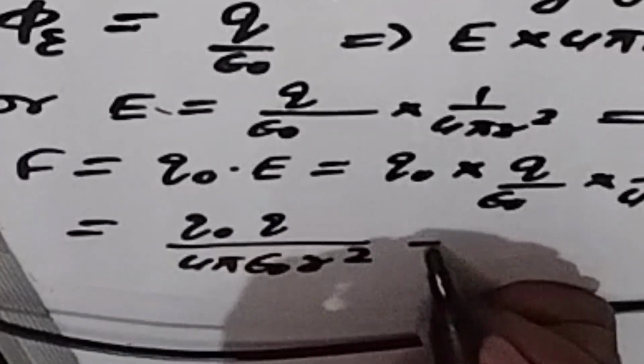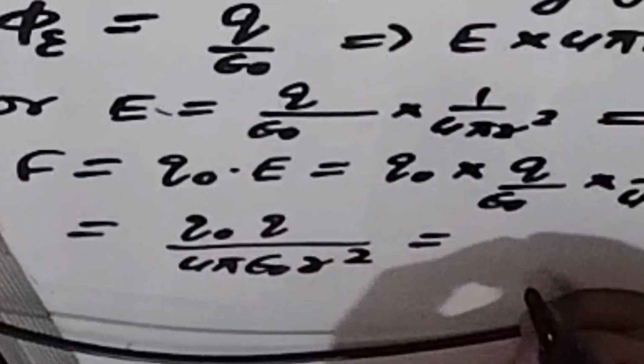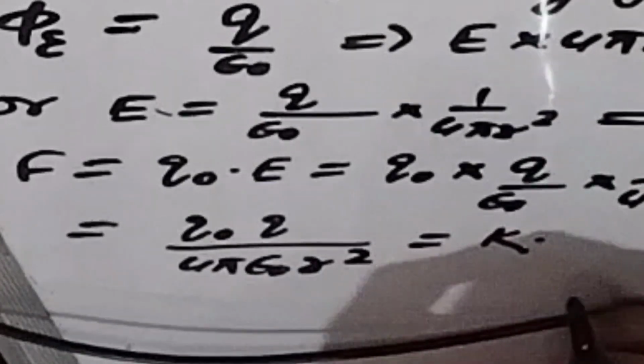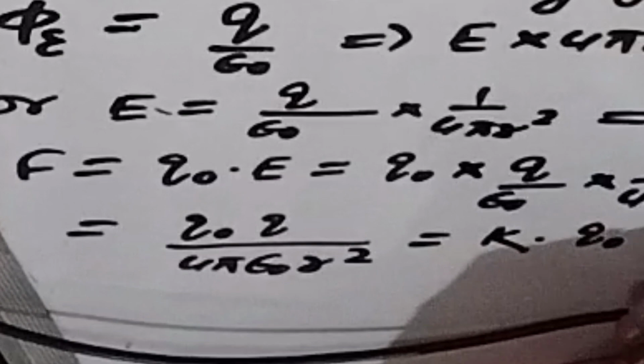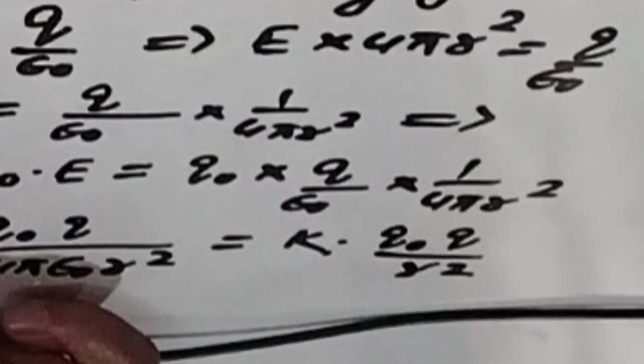That means this is your k times q1 q2 upon r square. Am I right? So this is the force acting on two charges, q0 and q kept here, k times q0 into q upon r square.